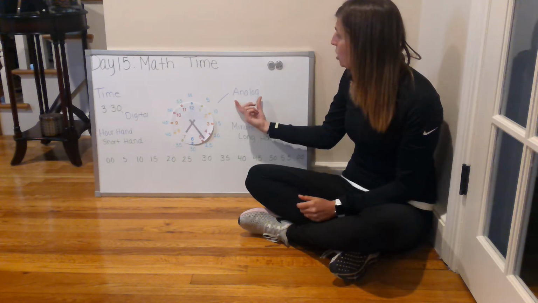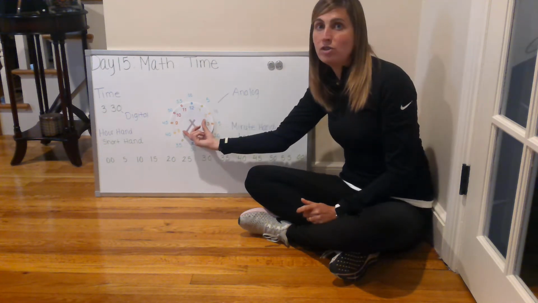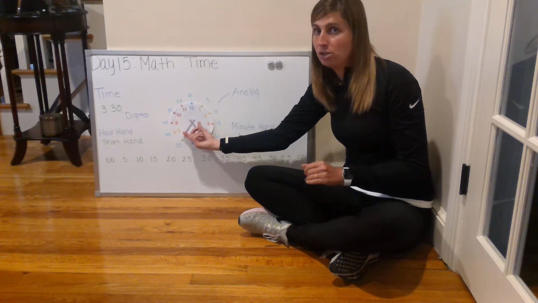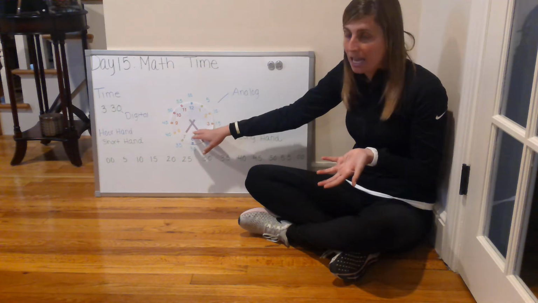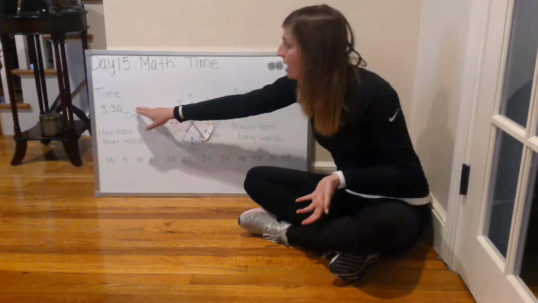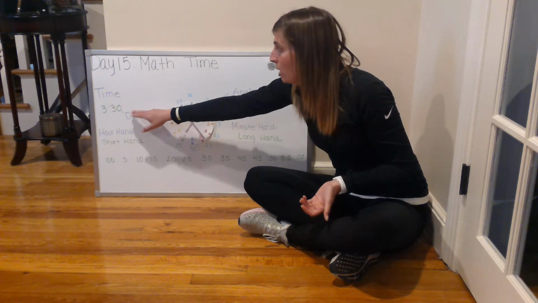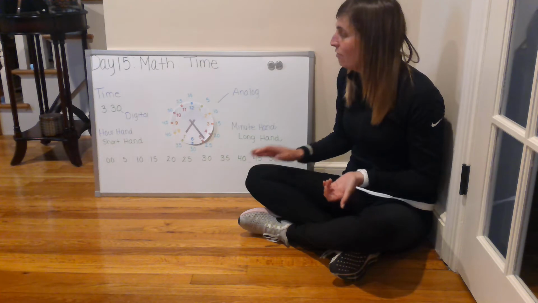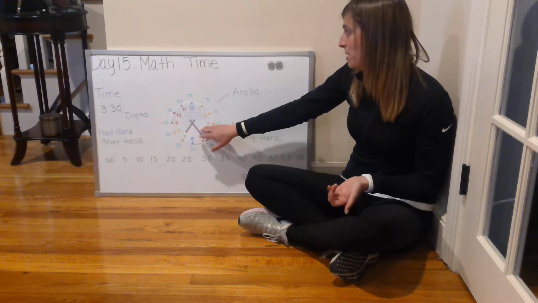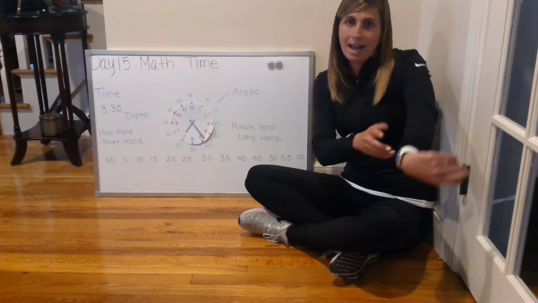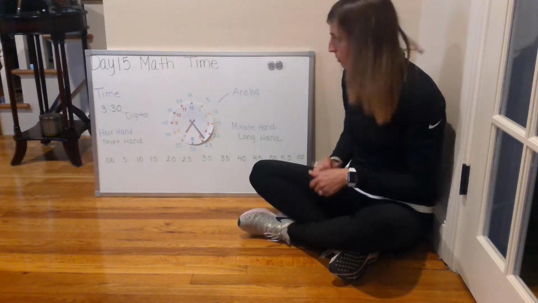And then maybe where you might see analog time, for those of you that have any clocks around your house. I know that in my kitchen I have an analog clock, and on my stove and my microwave I see digital time. If you have a watch, your watch might be analog, or like the watch that I have here, it's digital.